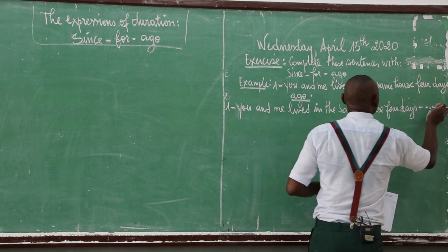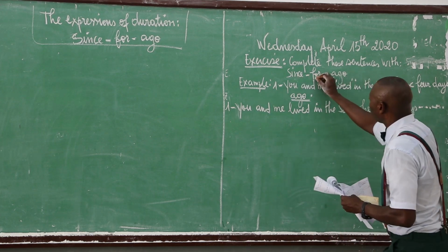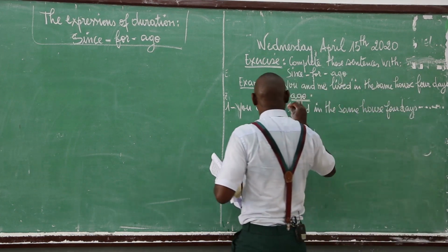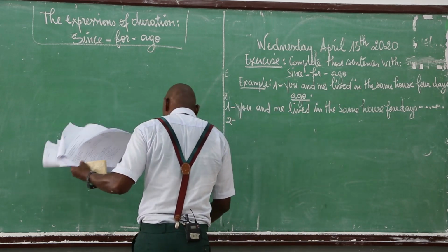You have a place to complete such as since, for, or ago. Second sentence.